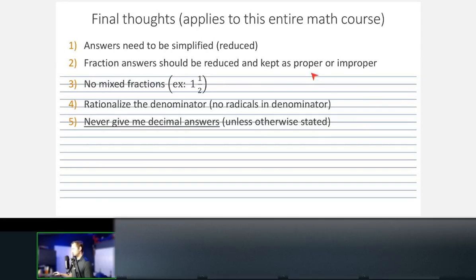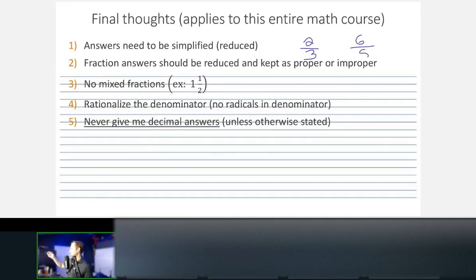If you are unsure what the difference is between the two, you might look it up. But an example of a proper fraction would be like 2/3. An example of a reduced improper fraction would be like 6/5.